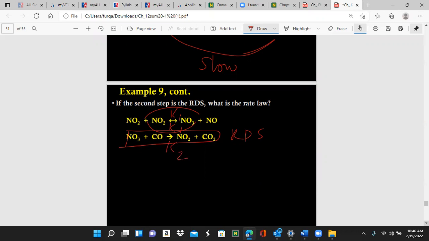If we look at K2 and write down the rate law according to the RDS, then rate is going to be equal to K, and then I will have NO3 here, which is an intermediate, and then I will have carbon monoxide here. But that is not allowed.